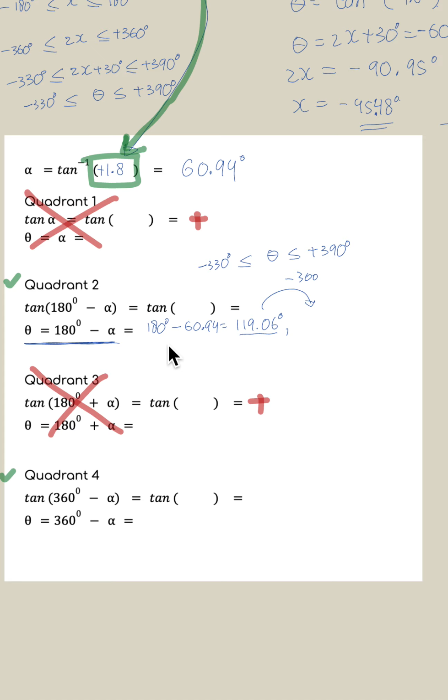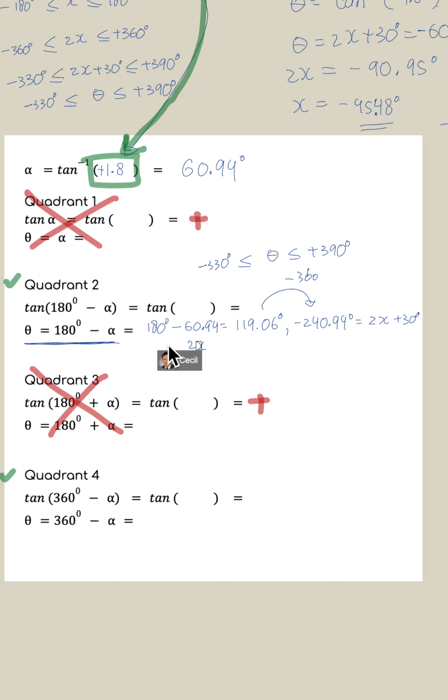So we minus away 360. Minus 360, how much do we get? We get negative 240.94 degree. Is it still within the range? Yeah, it is. And this one, don't forget that this one is equals to 2x plus 30 degree.